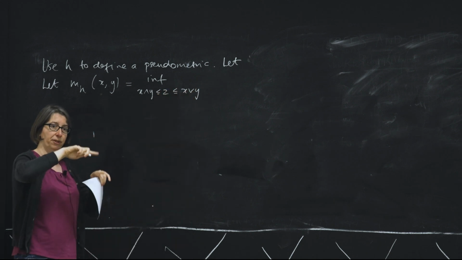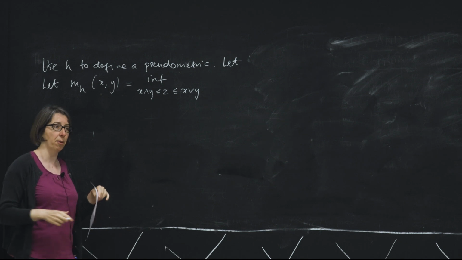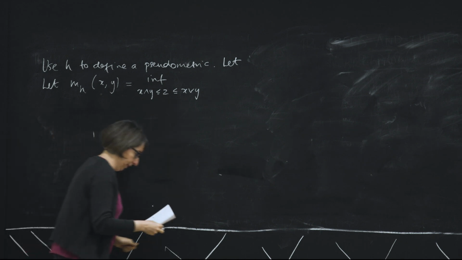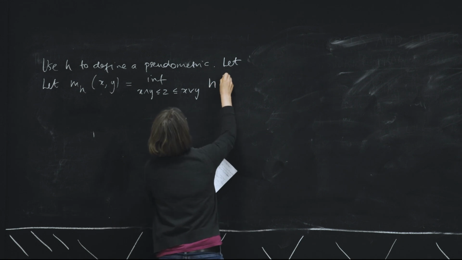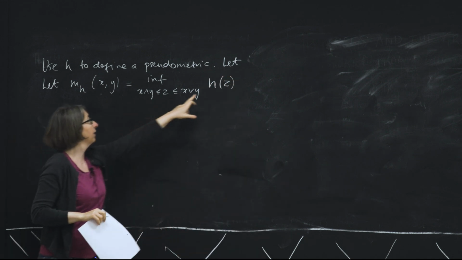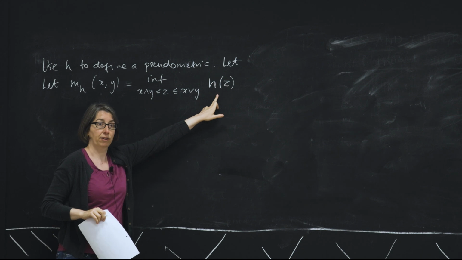Is everybody okay with my wedge and v notation for minimum and maximum? So this is the minimum of x and y, that's the maximum of x and y. And between those two points, I'm going to take the infimum of h(z).